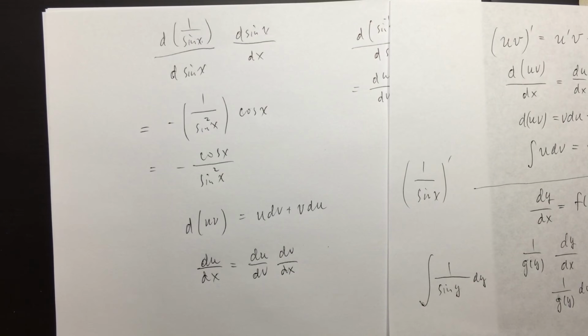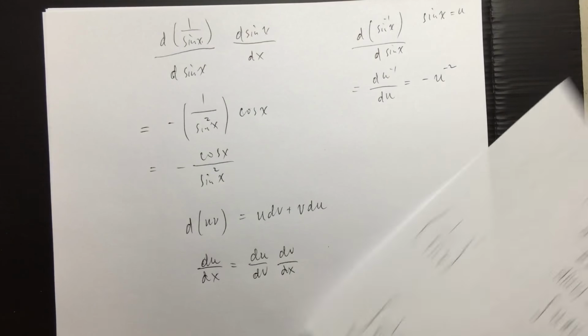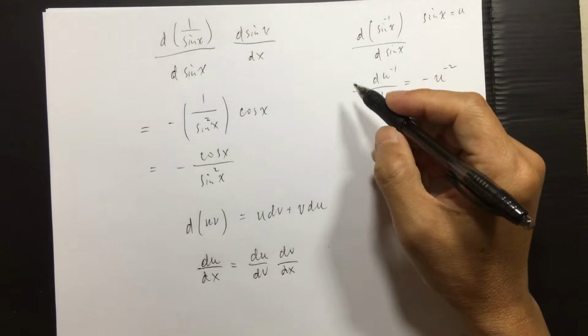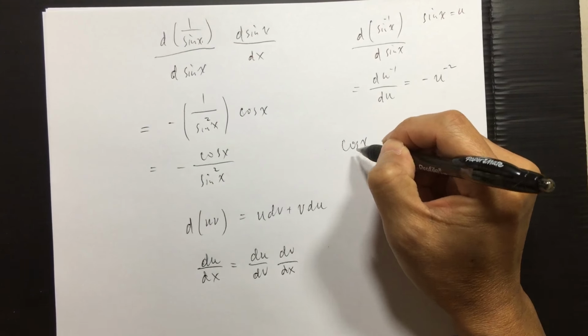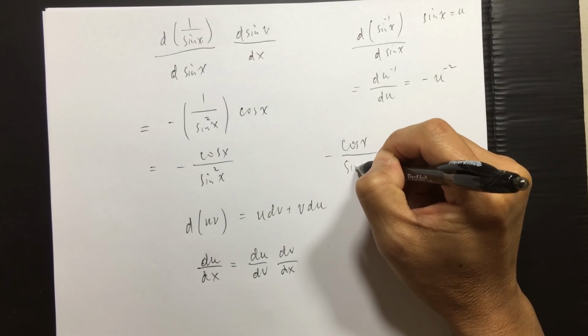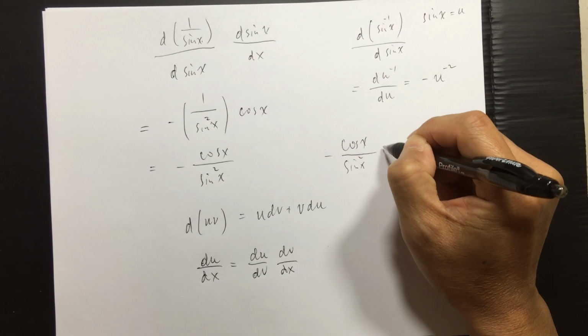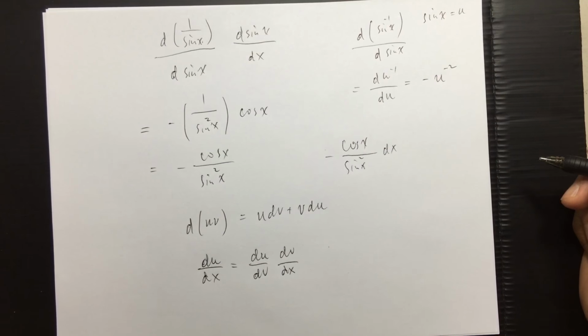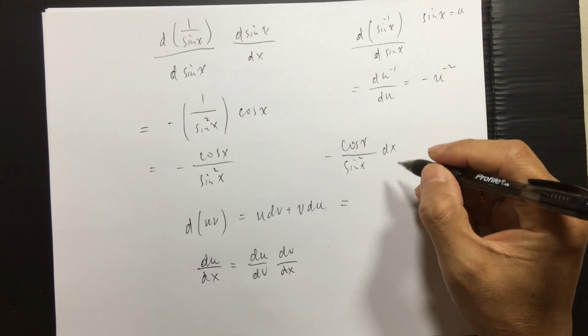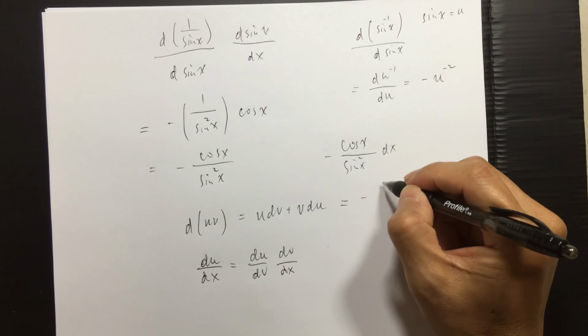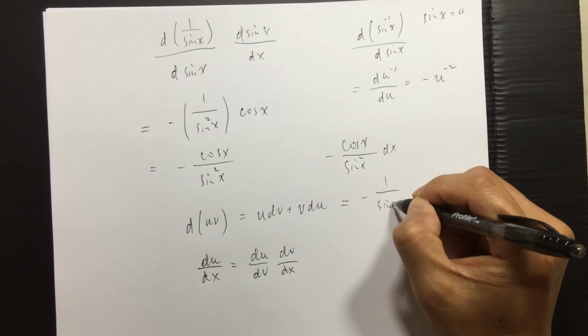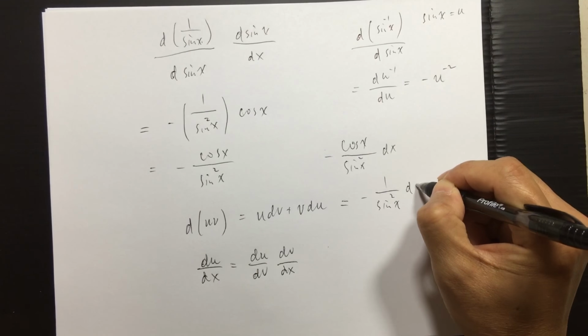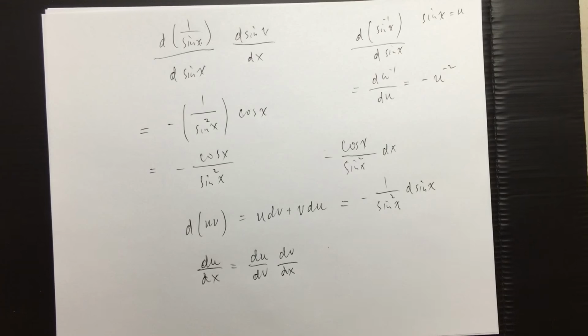Actually, for this, it's very easy. If you can see it, this is cosine x over minus sine x squared, dx, right? This equals, if you take the cosine x in, you can just take it in.